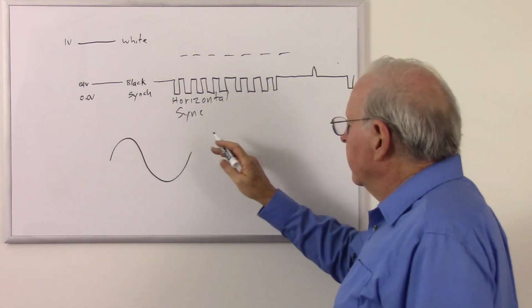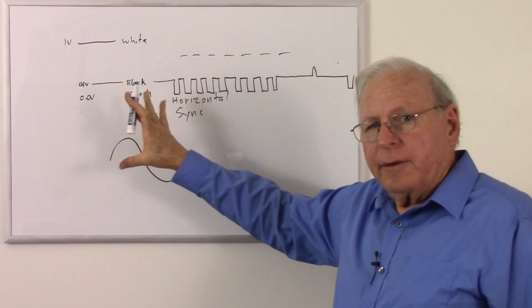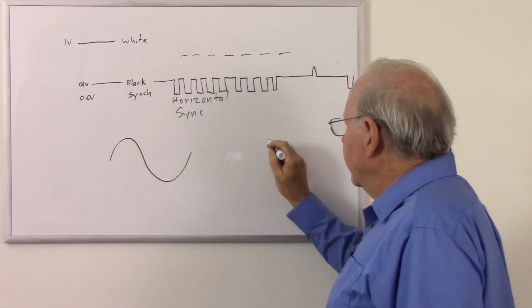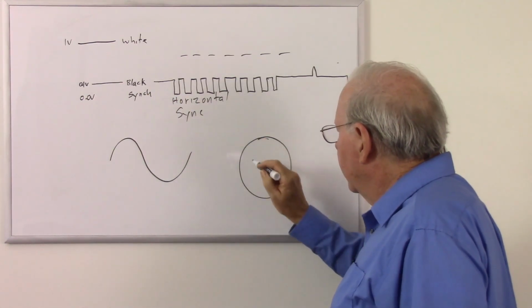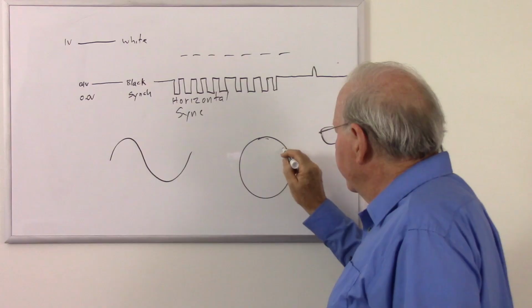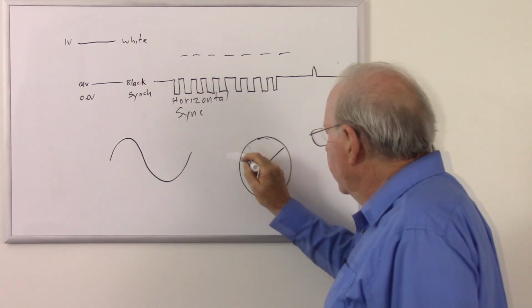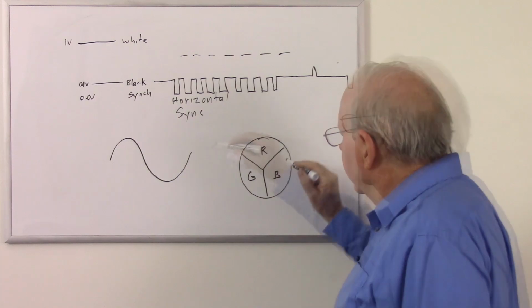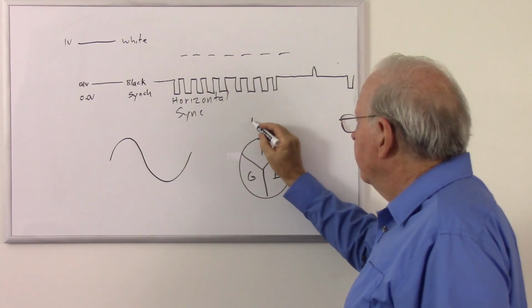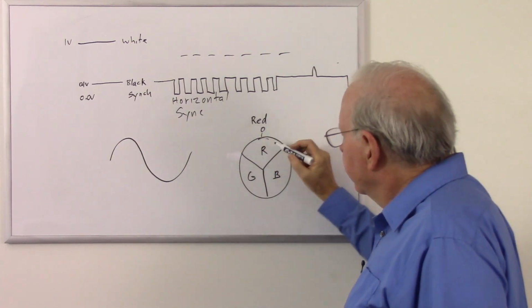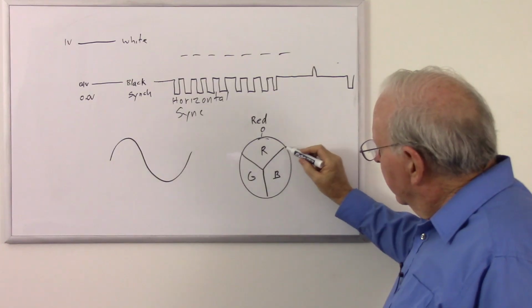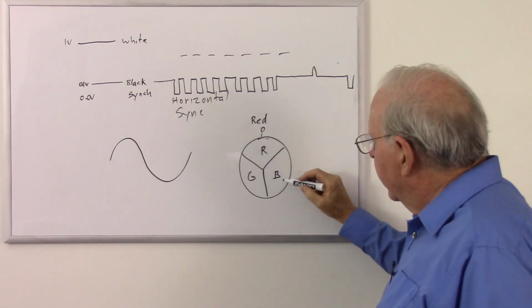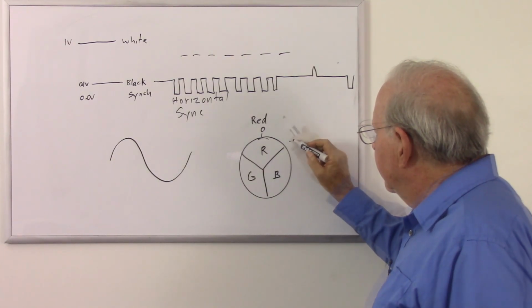So the next thing we do is take those 3 colors coming from 3 cameras and divide them into a circle. And so now we have, let's say, red, blue, and green. So here at 0 degrees is going to be fully red. So red right in the middle. As we get over to here, we're going to be getting red and blue together. We're going to get into magenta.